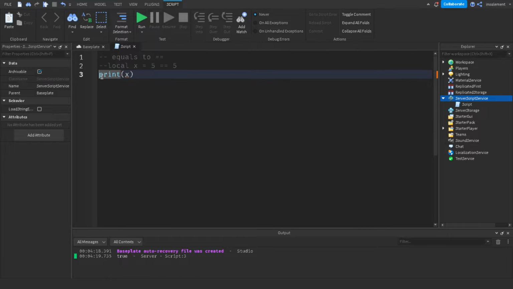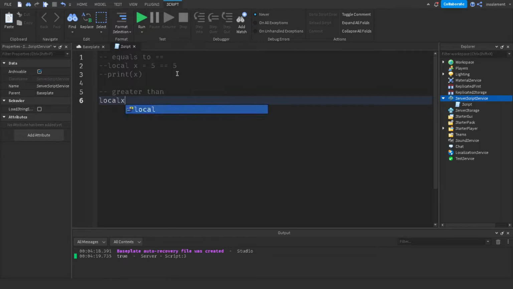Our next operator is greater than. You've probably seen this in math. So local x equals 5 greater than 6. This would return to us false because 5 is not greater than 6. If we were to change this to a 4, 5 is greater than 4, right?